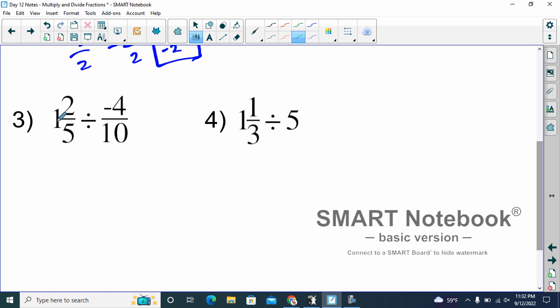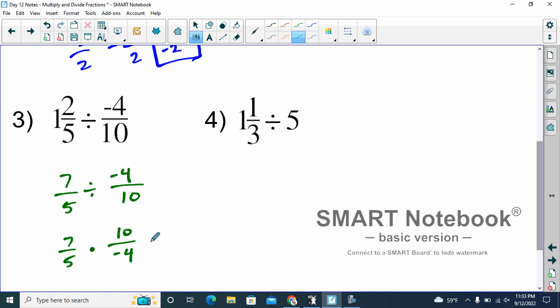So 5 times 1 is 5, plus 2 is 7. So all I did was change to an improper fraction. Now we can keep, change, flip. And then we can multiply it out.